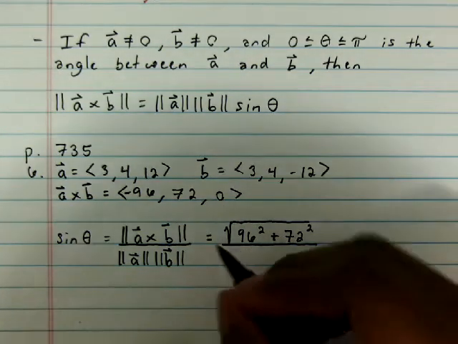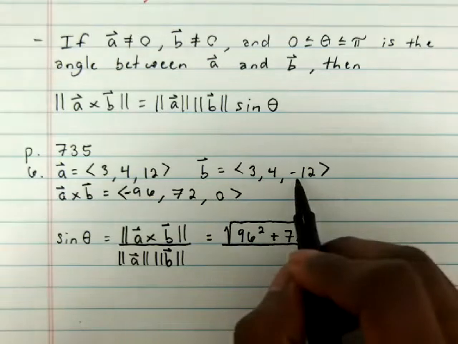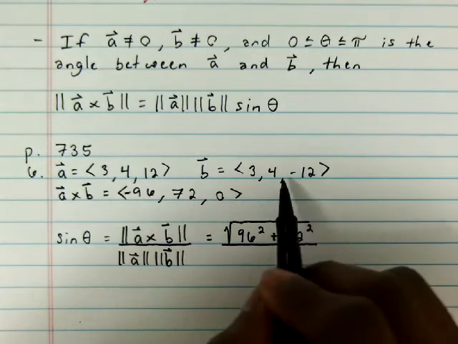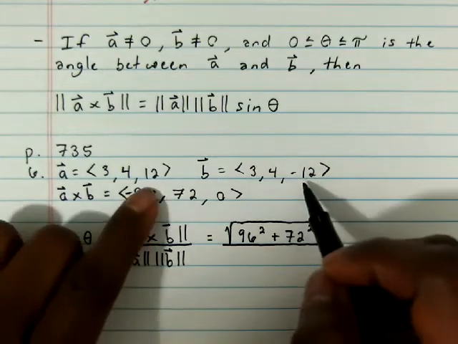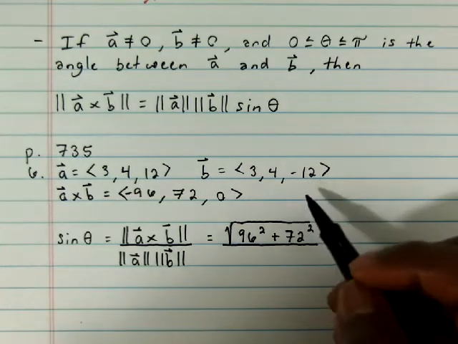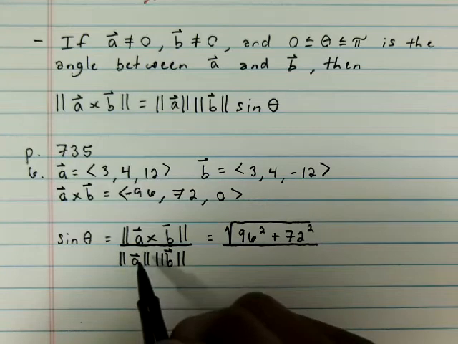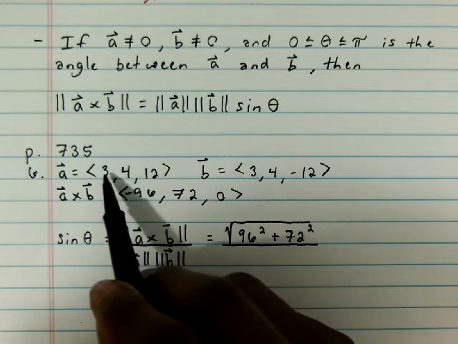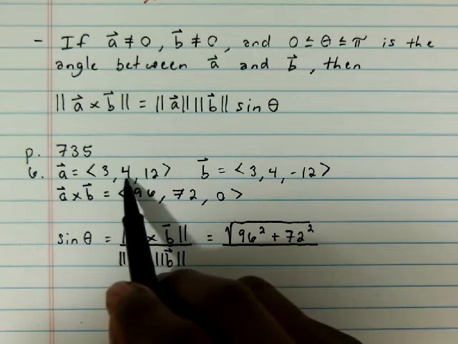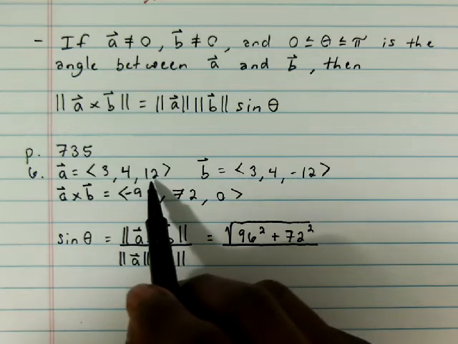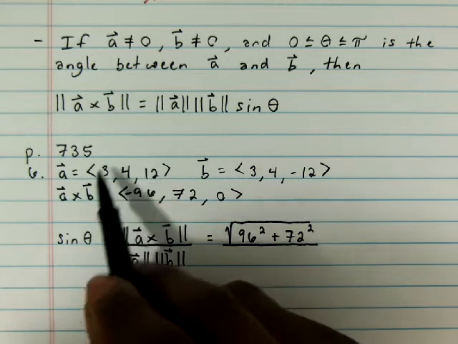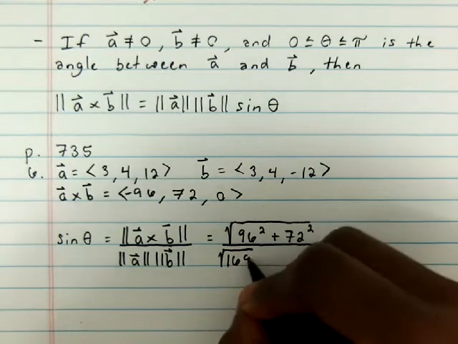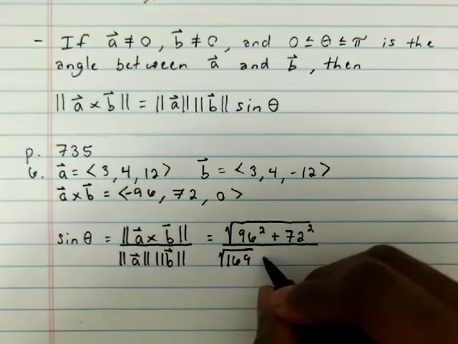Now, the magnitudes of A and B are going to be the same thing because their entries are the same, with the exception of one being 12 and one being negative 12. But that's going to get squared anyway. So the magnitude of A is going to be the square root of 3 squared plus 4 squared, so 9 plus 16 gives us 25, plus 144. So we're going to get the square root of 169, and for B we also get the square root of 169.